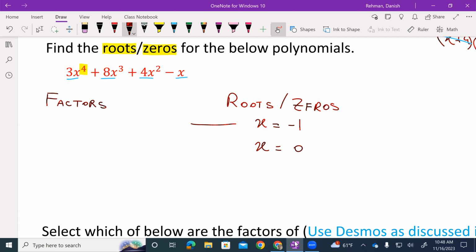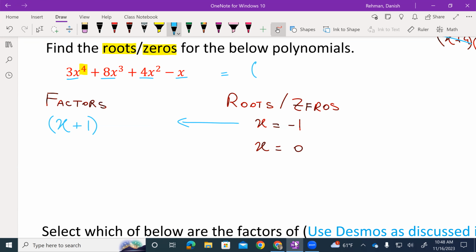Now this helps me to figure out what the factors are. I will change the sign from -1 to plus, and that will give me the factor. That means x plus 1 is a factor of this polynomial. If you remember, we have done the factoring.